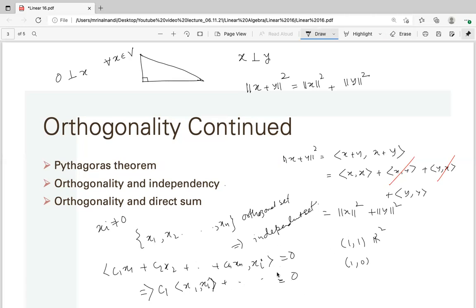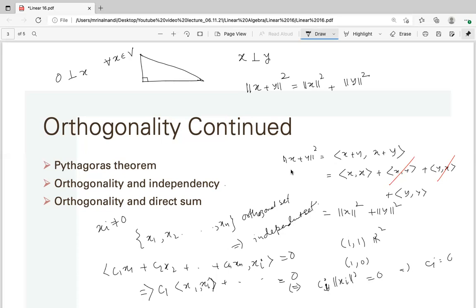So only Ci norm xi square remains, which is 0. But norm xi square is not 0, it is positive, because xi is not 0. So Ci is 0. Interesting. You can do it for any i. So an orthogonal set of vectors is independent.